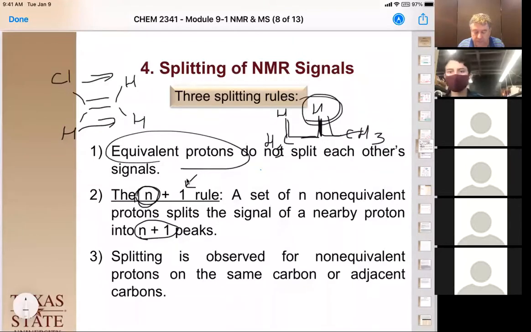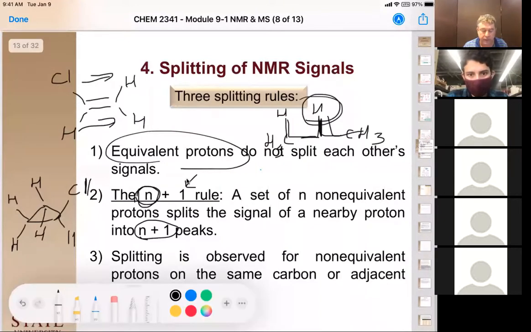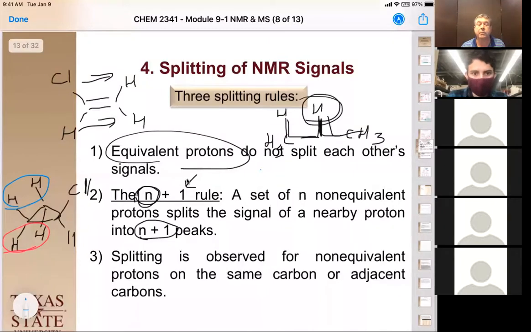Okay. The third rule is that splitting is observed for non-equivalent protons on the same or adjacent carbon. So in the case of our cyclopropane with a chlorine here, we had a hydrogen here, a hydrogen here, a hydrogen here, and a hydrogen down here, right? We saw that these 2 hydrogens were equivalent and these 2 hydrogens are equivalent because of their position on the ring, which means this hydrogen is going to split this hydrogen because they are non-equivalent.